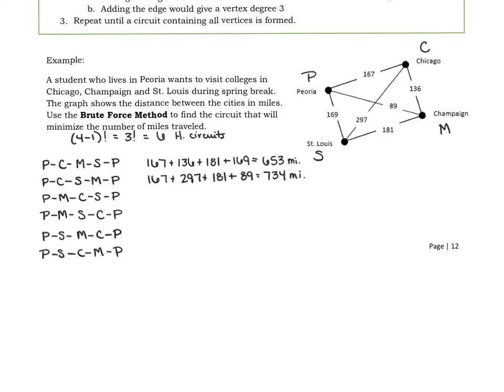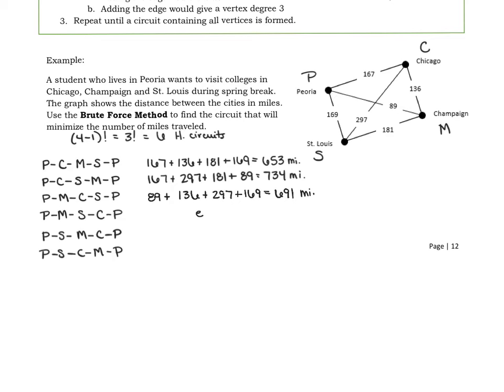If you go through the next scenario, you'll see the pattern we've got going on here. From Peoria to Champaign, that'd be 89 miles of travel. From Champaign to Chicago, 136. From Chicago to St. Louis, 297. And from St. Louis back to Peoria, 169, for a total of 691 miles.